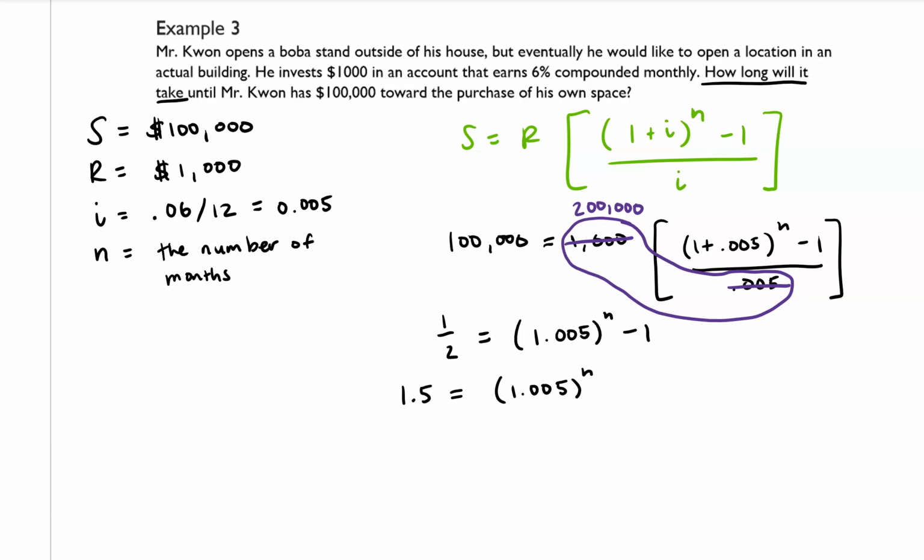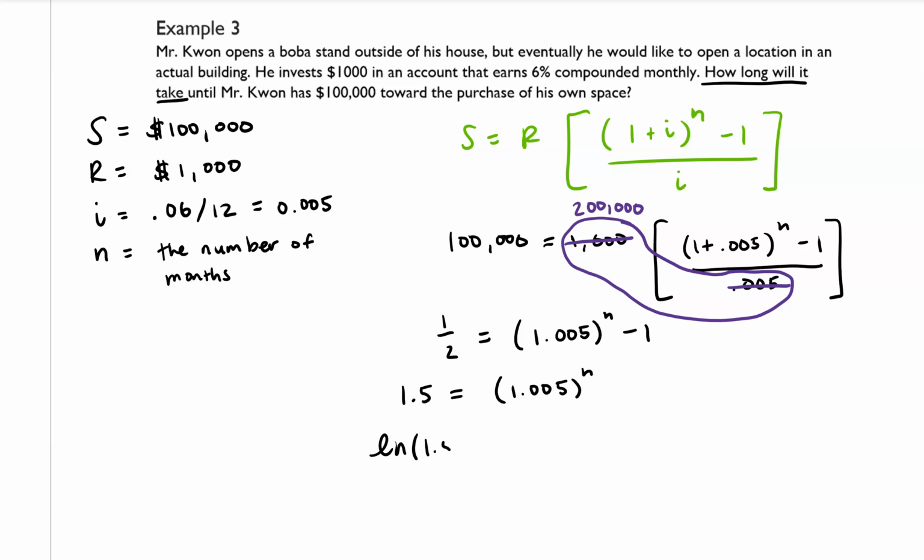Now take a moment to think back. How do we solve an equation where our unknown variable is in the exponent? If you said logarithms, you would be correct. So I'm going to utilize the natural logarithm. You can use whichever logarithm your heart desires.